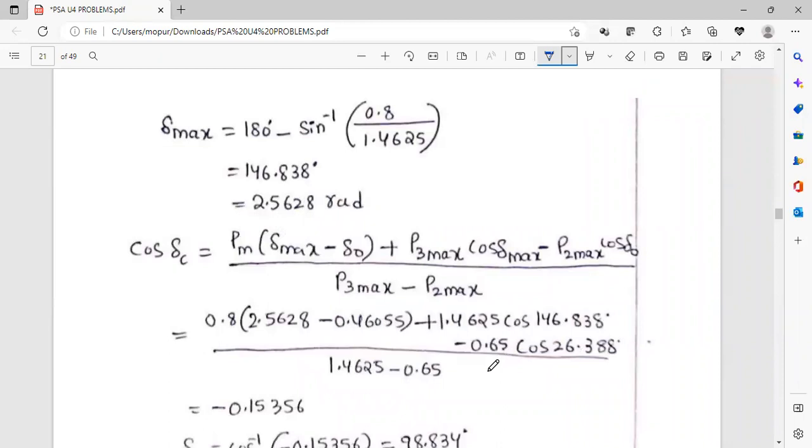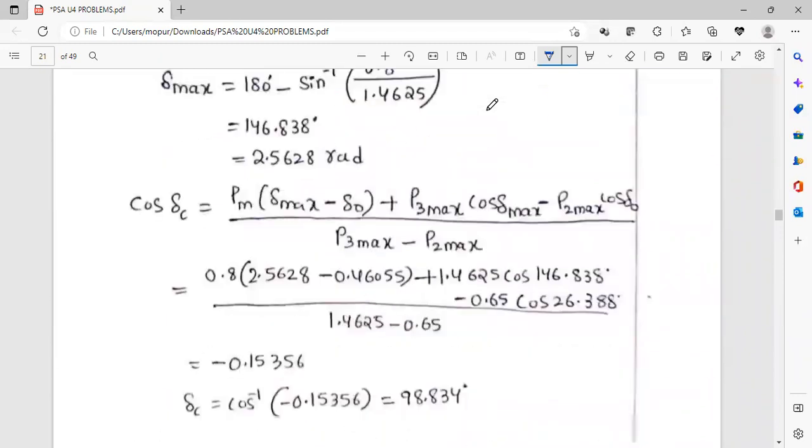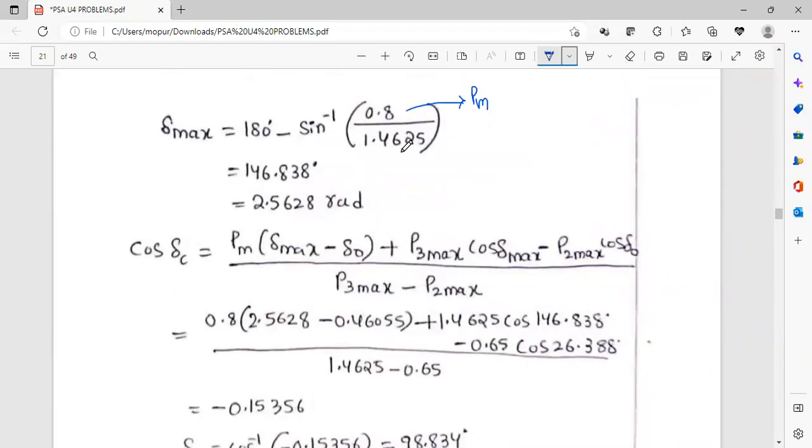Here the formula is 180 minus sine inverse of PM, which is 0.8, by PE3 max, which is 1.4. Remember carefully, this is PE3 max. So del max will be obtained by using this formula, 180 minus sine inverse of PM by PE3 max.